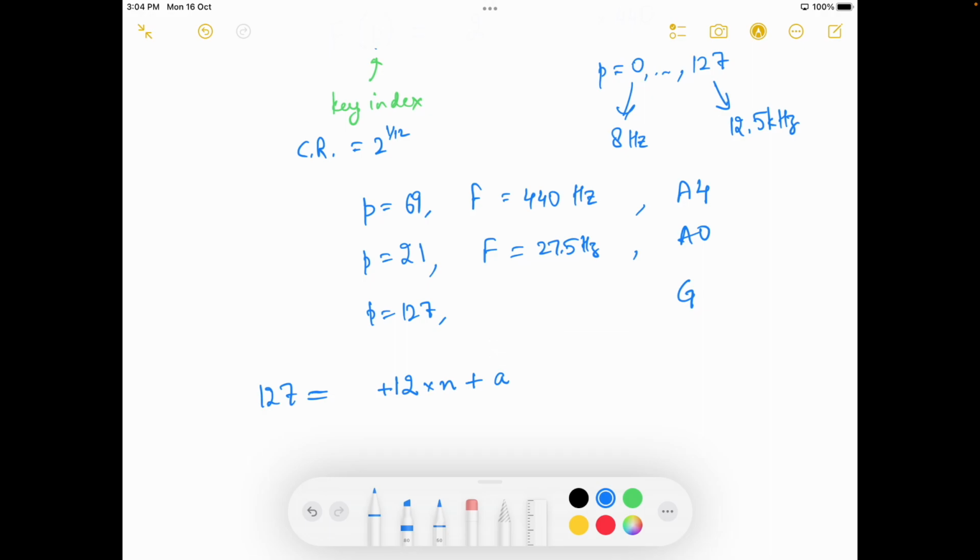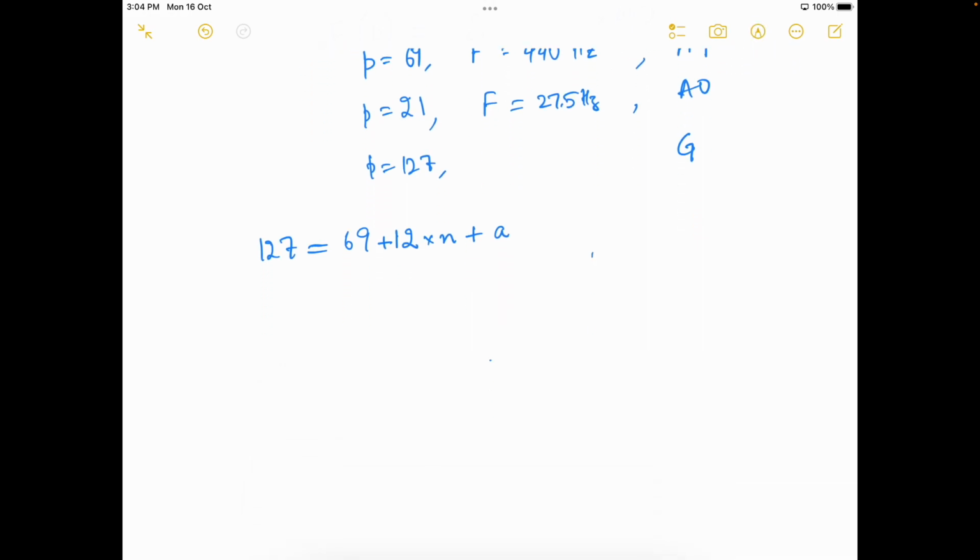It's a simple linear equation. So let's subtract: 127 minus 69. If you divide by 12, whatever is the remainder is your A, and whatever is the quotient is your n.